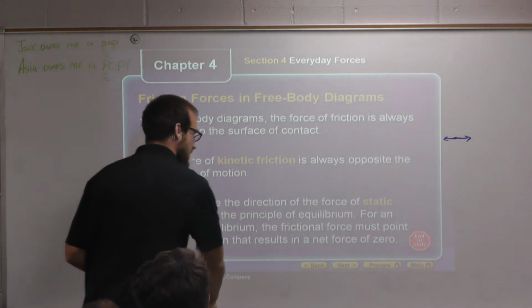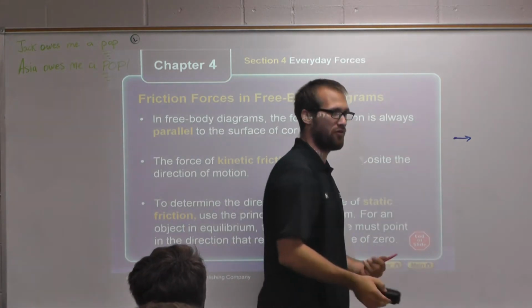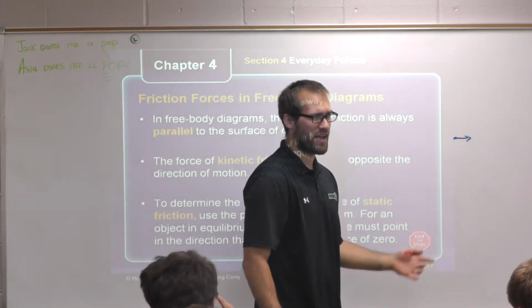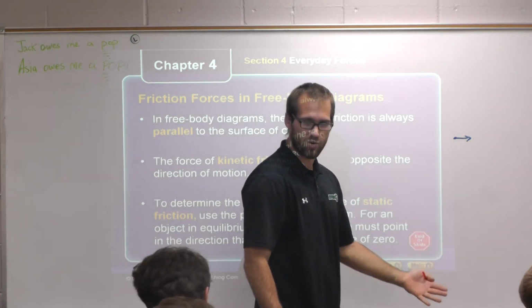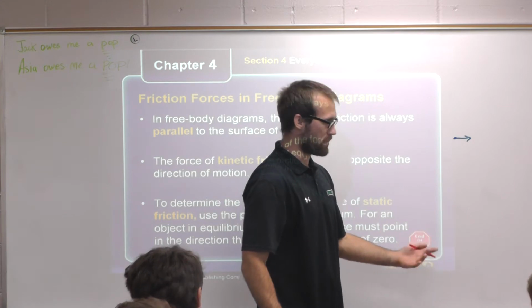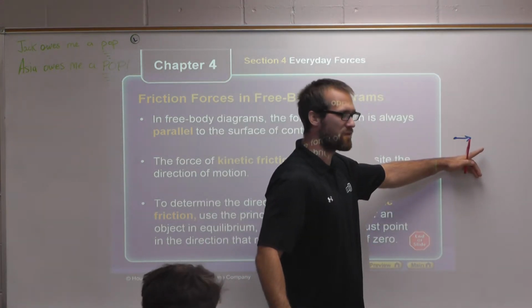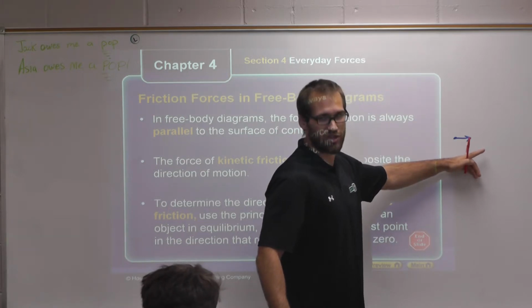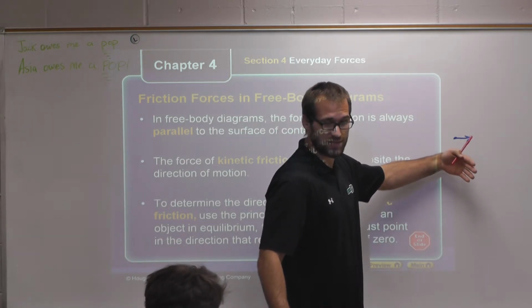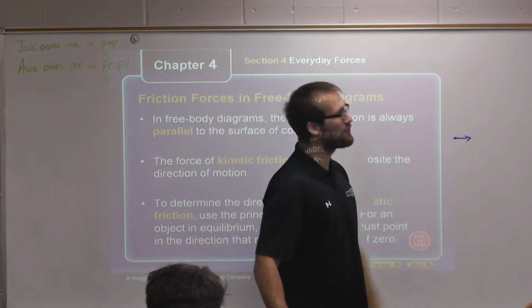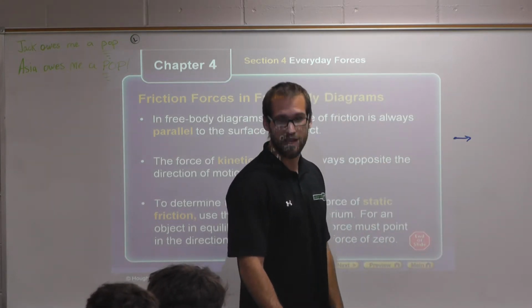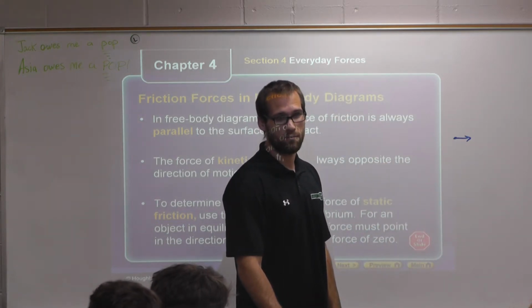To determine the direction of the static force, we use the principle of equilibrium. What this simply means is remember, static force is before it's moving. So how do you know which way it's opposing if it's not moving? Well, you would use the principle of equilibrium, which simply says if I apply a force in that direction and it doesn't move that direction, equilibrium would be 0 if it's not moving, so you'd have to have a force opposing with an equal magnitude.